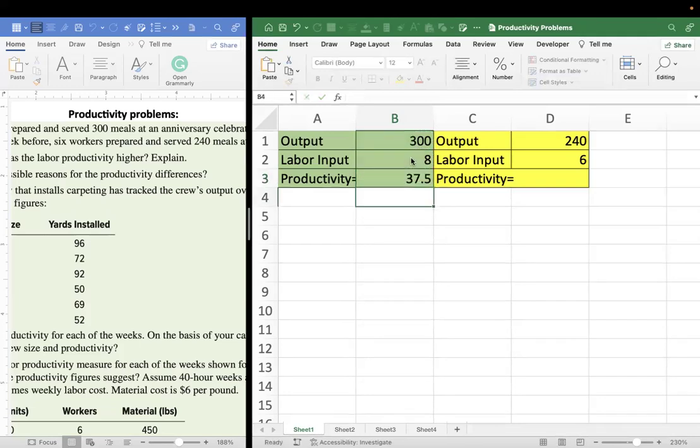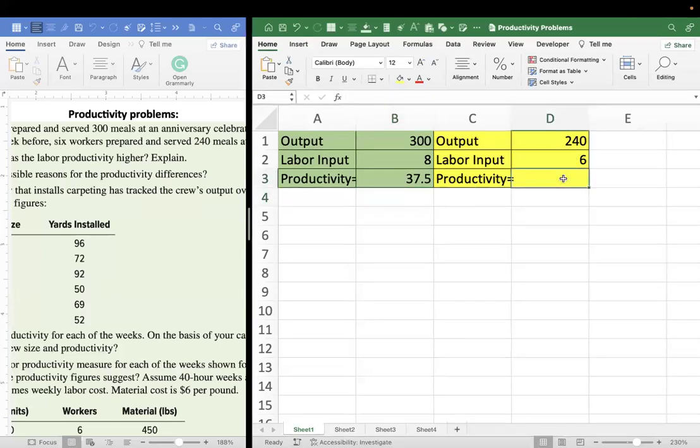Click 8, and that gives a productivity of 37.5, which means they are producing 37.5 meals per unit worker or per unit labor. So that is their labor productivity.